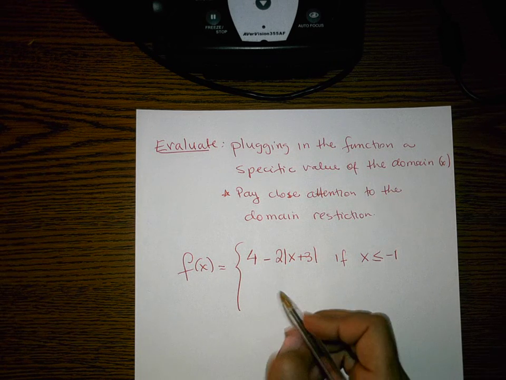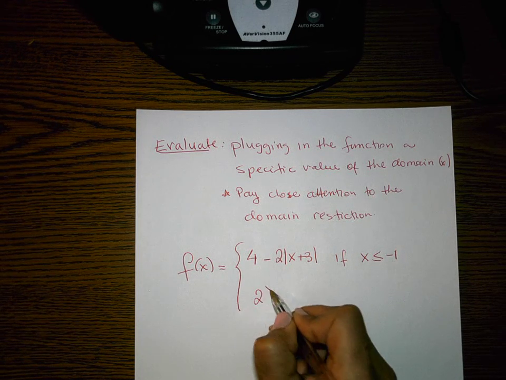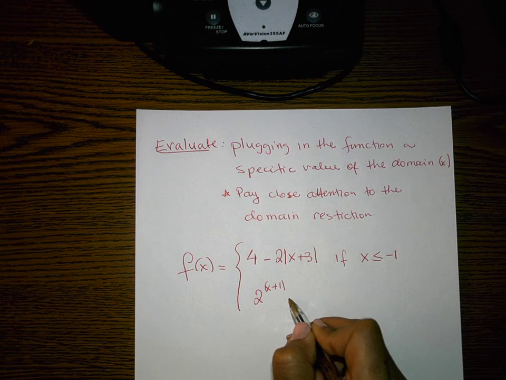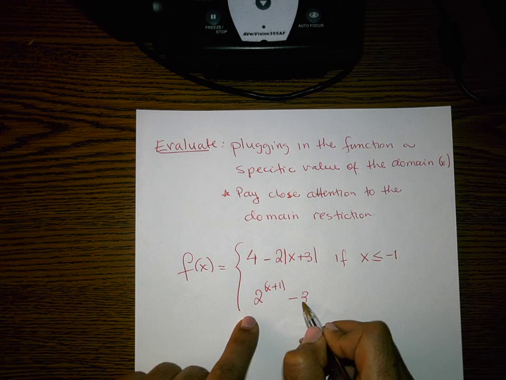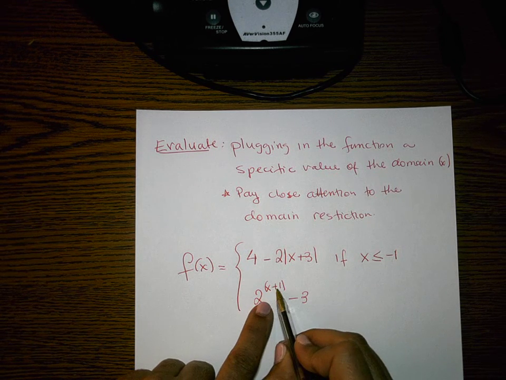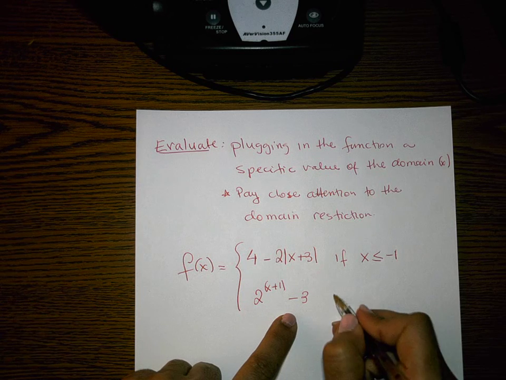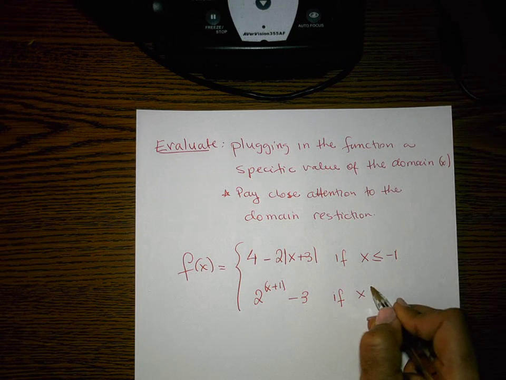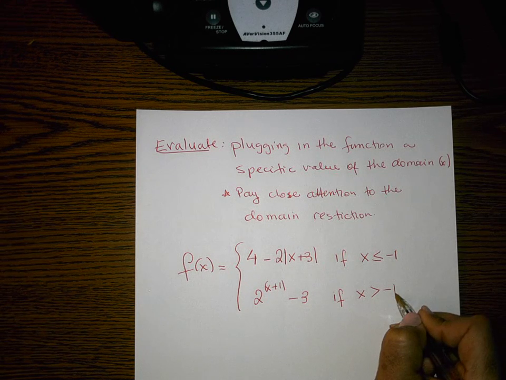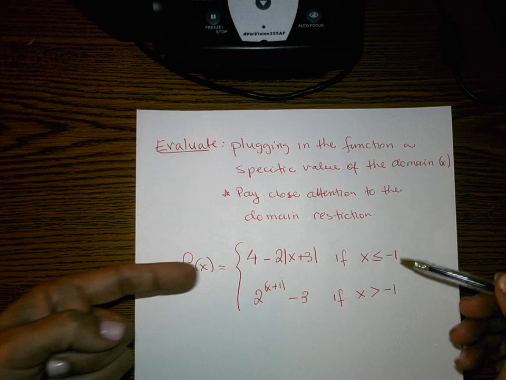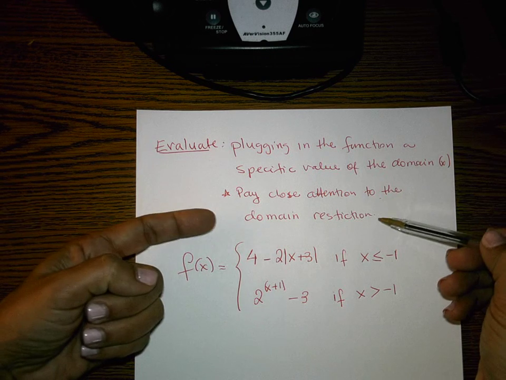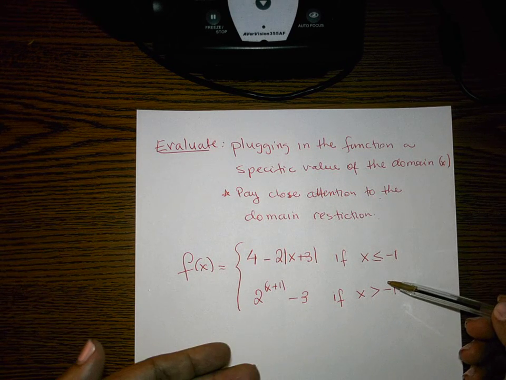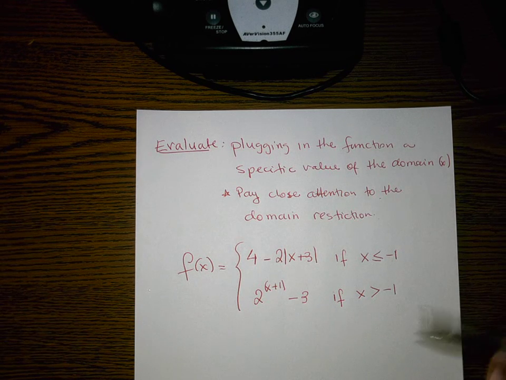Here's another function: 2 to the power of x plus 1, and then minus 3 at the end, if you use x values that are greater than -1. So that's why we have to pay close attention to the domain restrictions. This function restricts us, where we are going in the domain, what function to use.